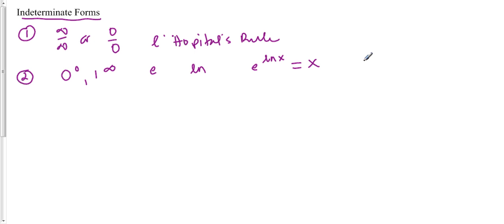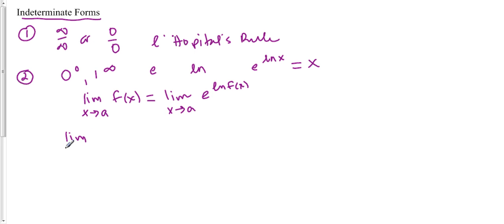So if I'm trying to find the limit as x goes to a of f of x, I can say that that's the same thing as finding the limit as x goes to a of e to the natural log of f of x.